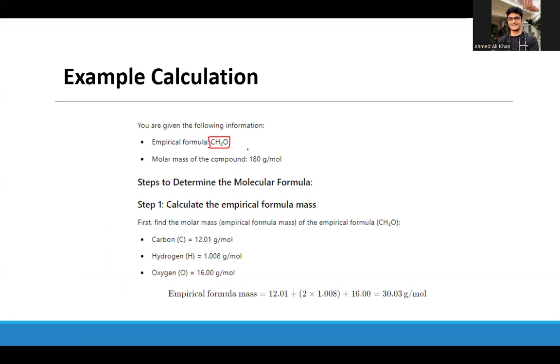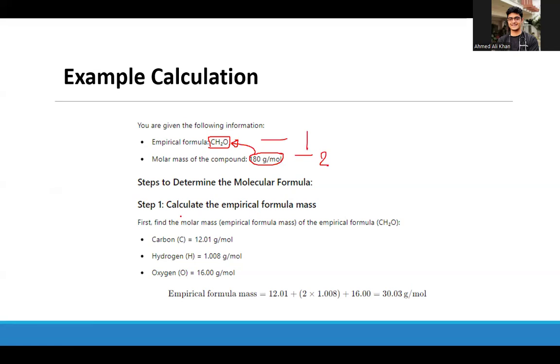And you have the molar mass of that compound. So this is the actual compound, and its mass is given. How do you calculate the molecular formula when you have these two pieces of data?